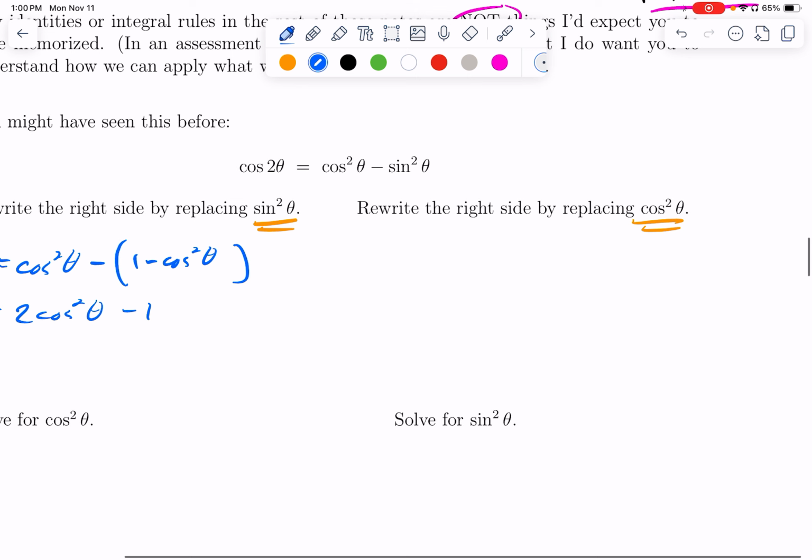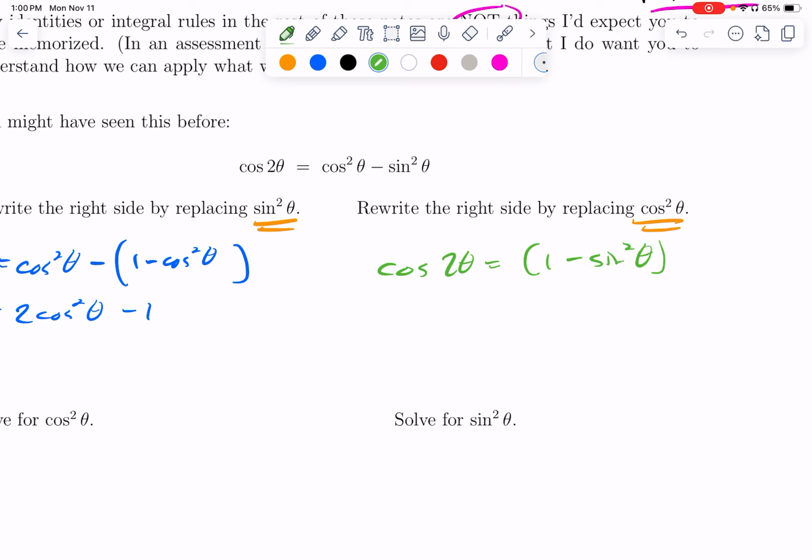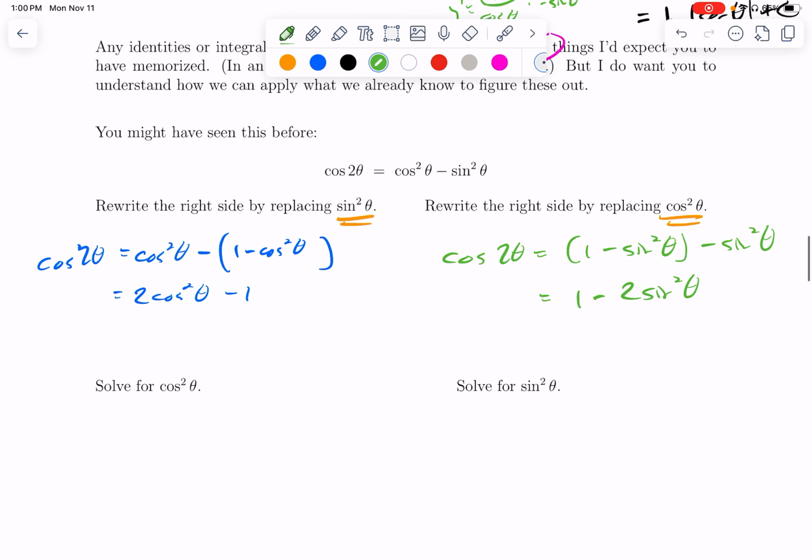Now let me try something similar over here. Cosine of 2 theta equals cosine squared, which I'm writing as 1 minus sine squared, minus sine squared. So that's 1 minus 2 sine squared theta. Right? These are equal to each other, but they look kind of backwards.